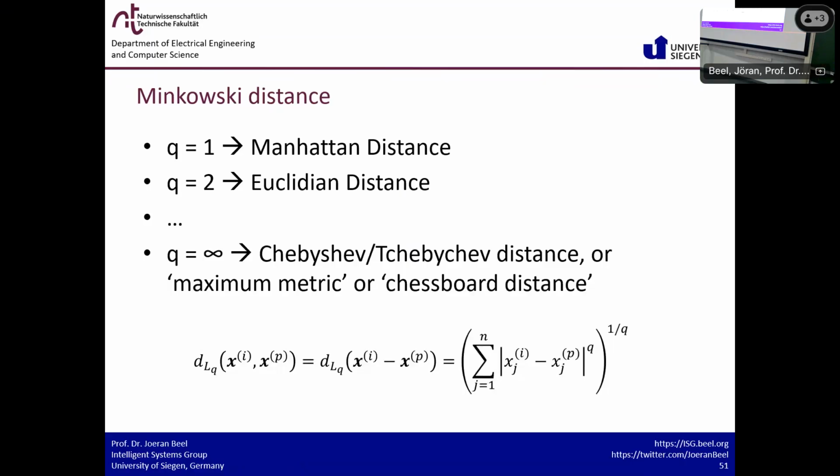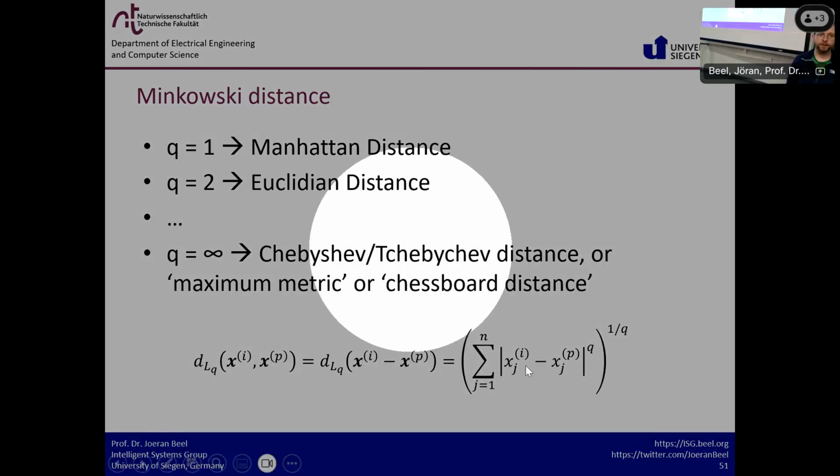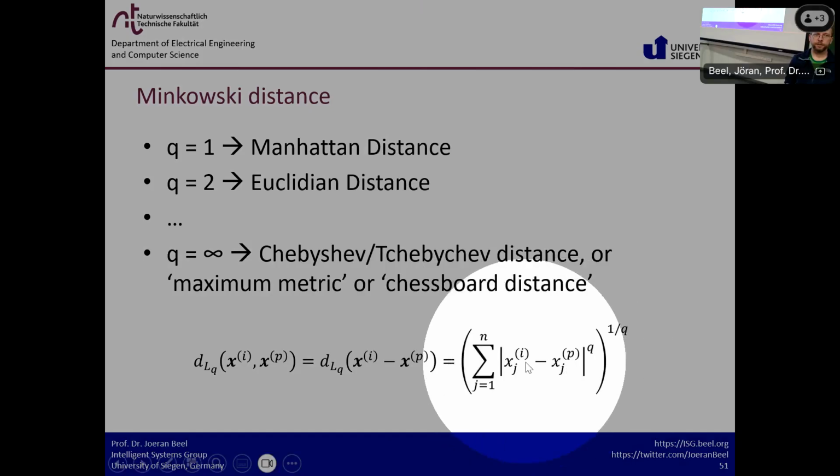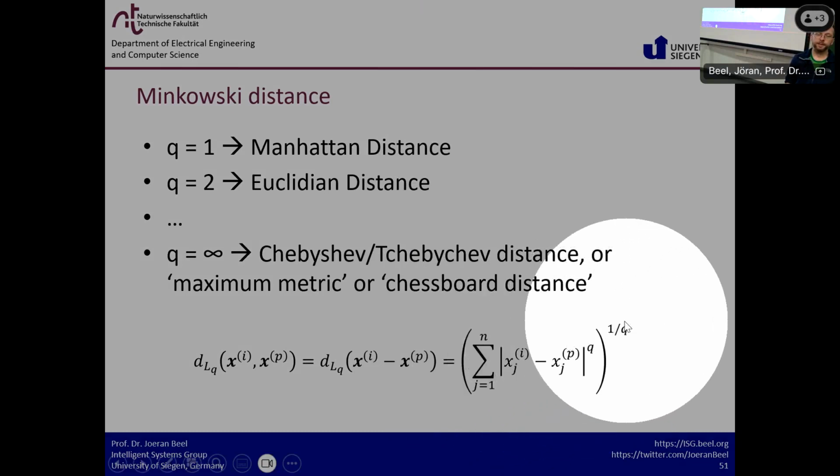This is the Minkowski distance. That's a general form of distance measures. So that's the formula: take the absolute value of the subtraction of 2 features, take it to the power of q, sum this up, and take the q-th root.